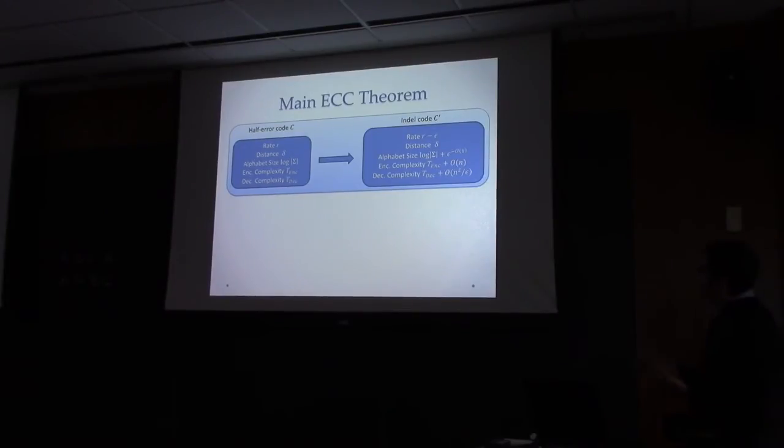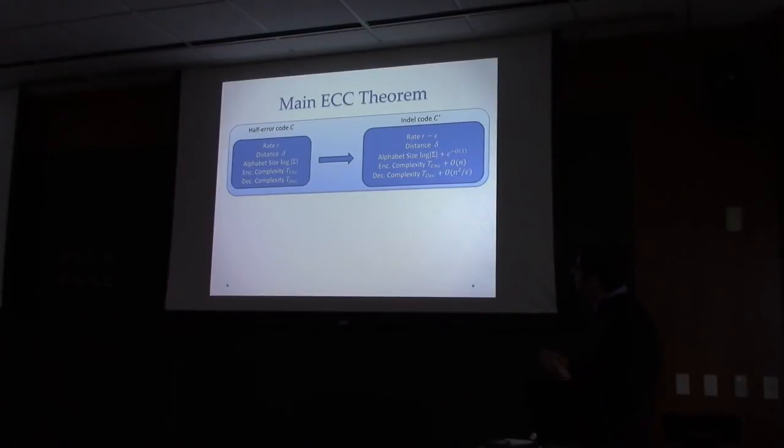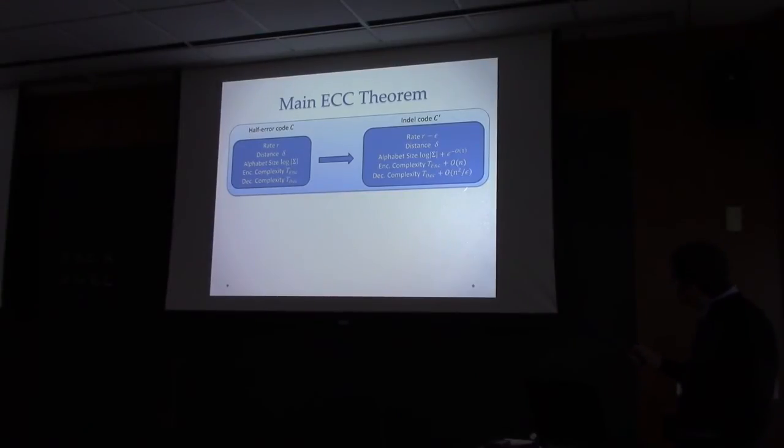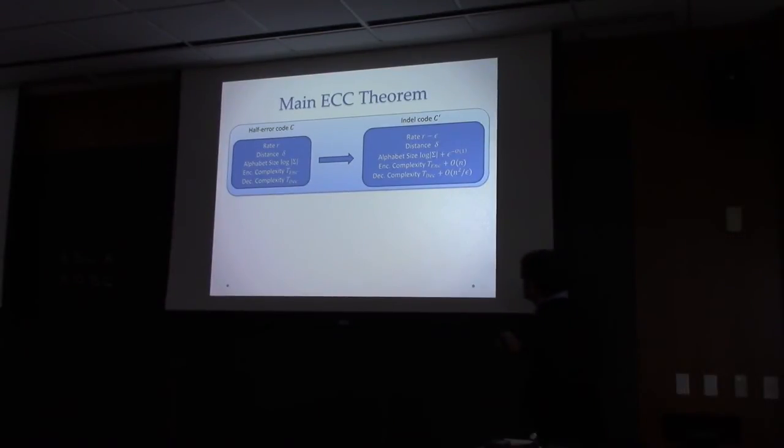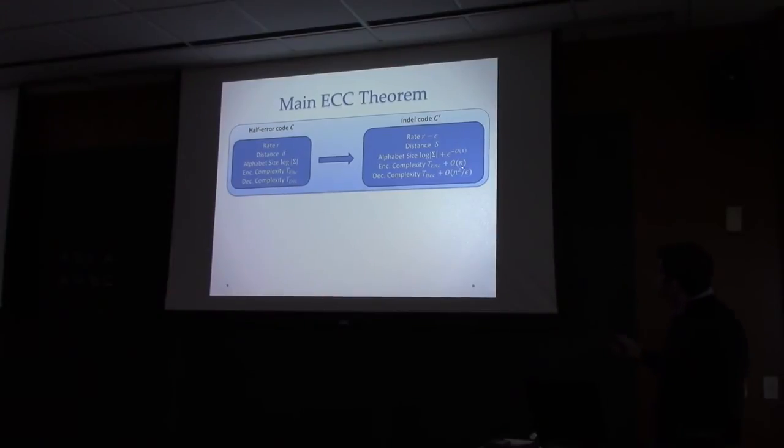If you have a half error code C, which has rate r, distance delta, an alphabet of some size, this is the bit size, so it would be log of the size, and some encoding and decoding complexity, you can use those synchronization strings as a black box to turn them into insertion deletion codes by adding a linear time to the encoding complexity, n squared time to the decoding complexity, and just losing a small amount of rate.